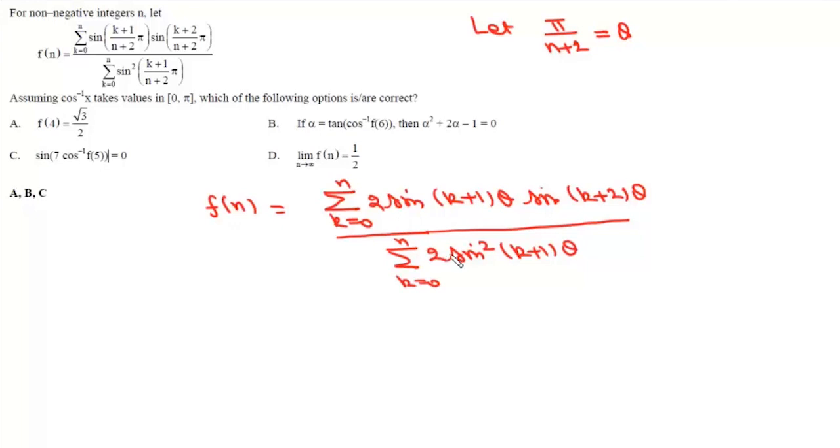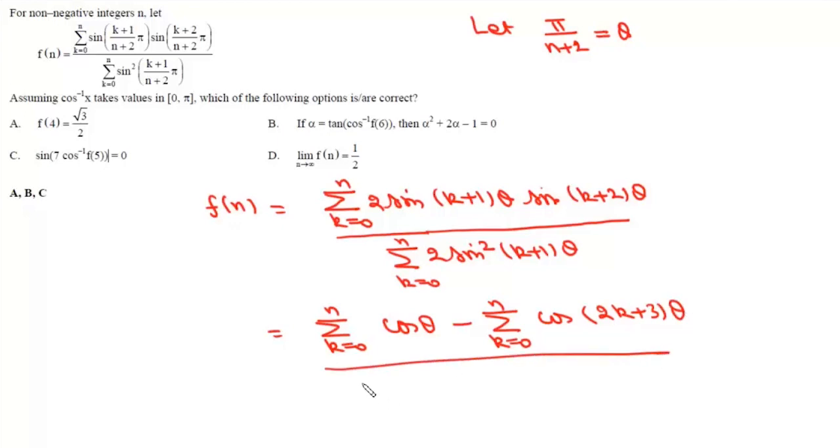Now this is 2 sin A sin B, and we know that 2 sin A sin B is cos(A minus B) minus cos(A plus B). So it will be the summation k varies from 0 to n of cos(A minus B), so it will be (k plus 2) theta minus (k plus 1) theta, which is simply cos theta, minus the summation k varies from 0 to n of cos(A plus B), and that will be (2k plus 3) theta.